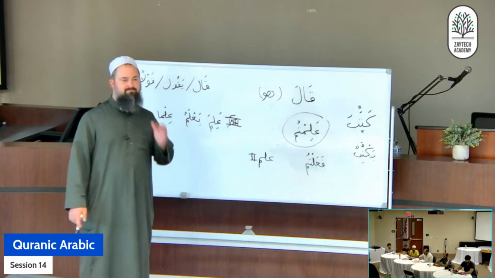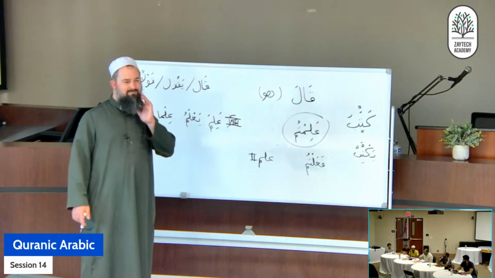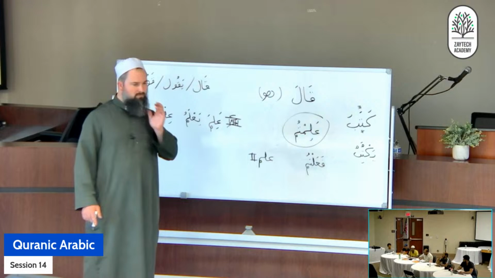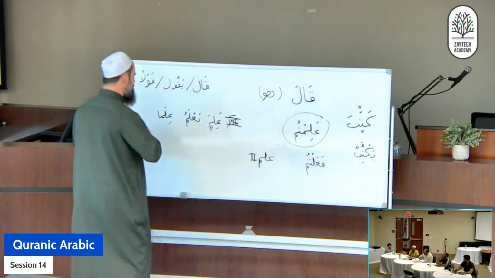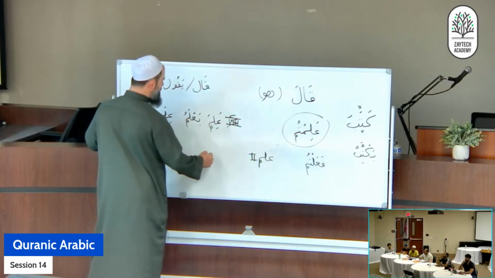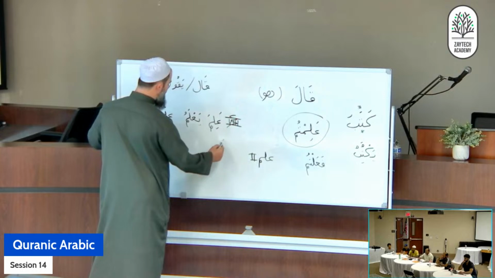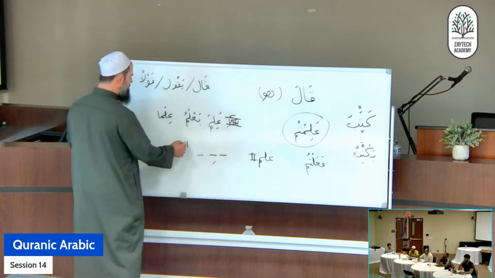So the template, I understood the past tense, present tense, where you add a ya. So for example, if you give me a verb that has 3 letters, and you tell me it has a kasra in the past, then there's a 90% chance it's going to have a fatha in the present.